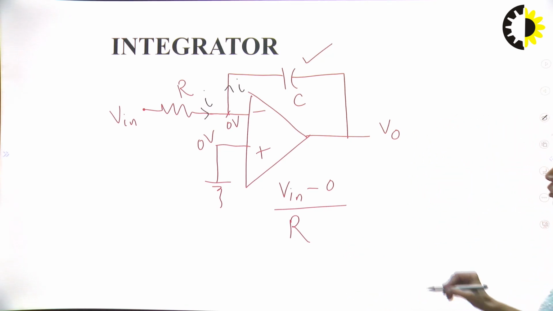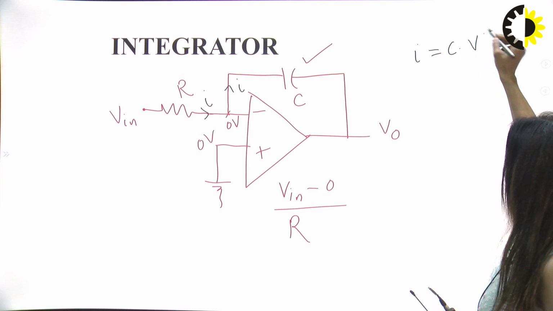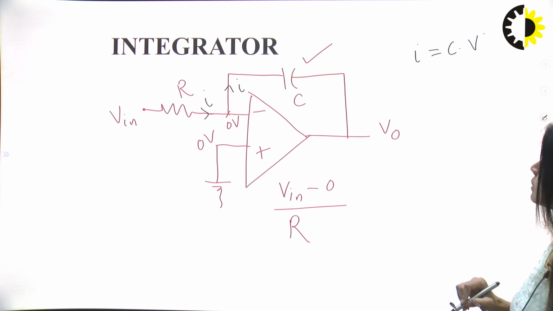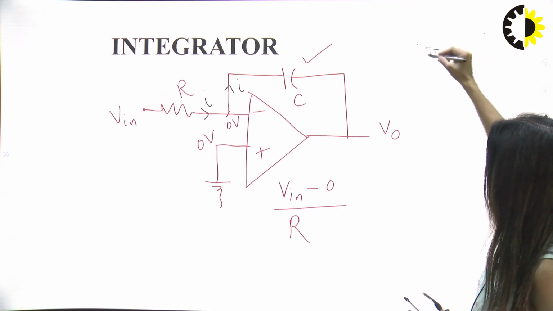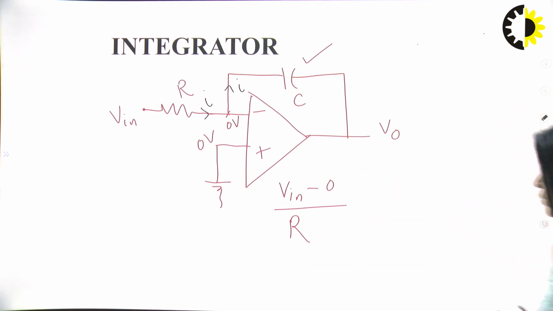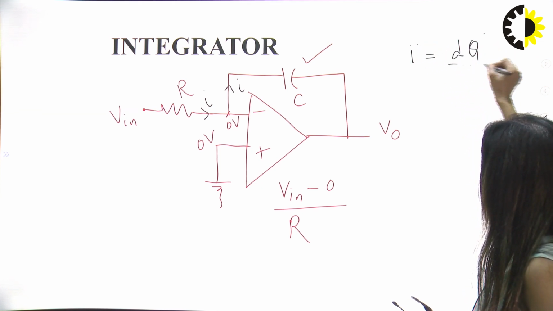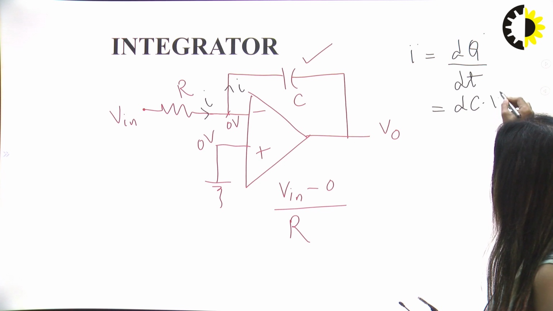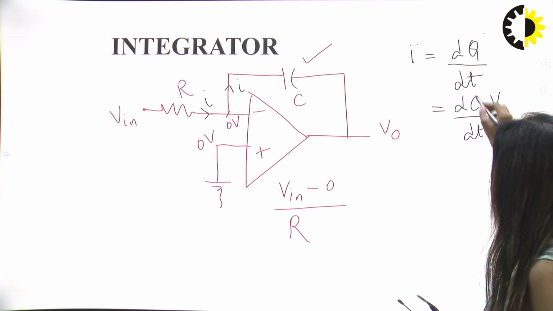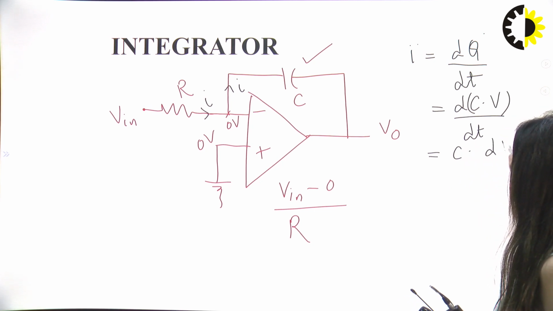We know that Q is equal to CV and I is equal to dQ by dt. Here Q is equal to C into V, so I is equal to C dV upon dt.